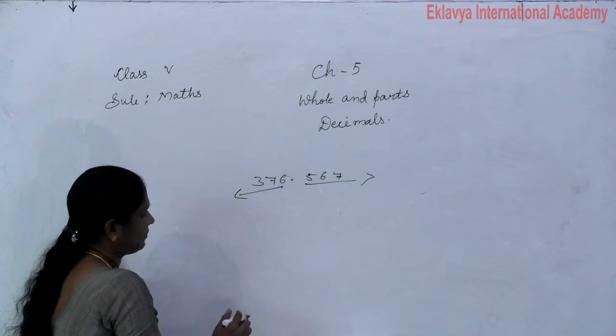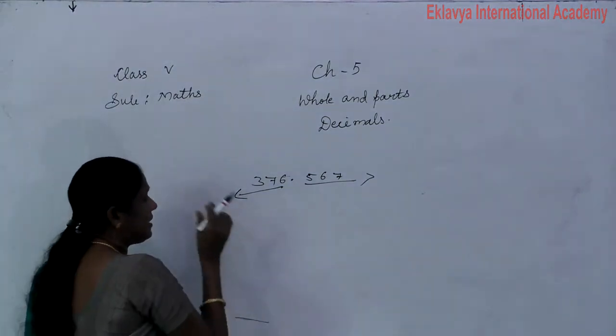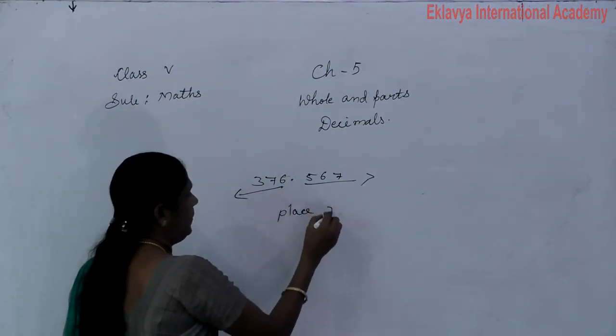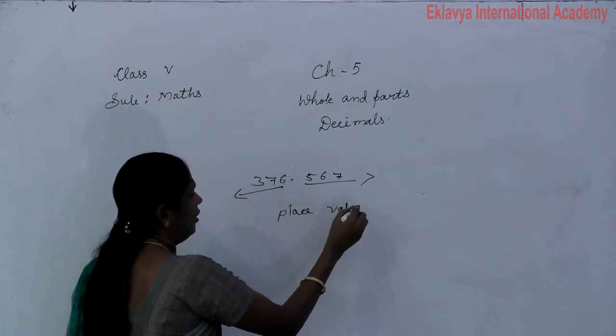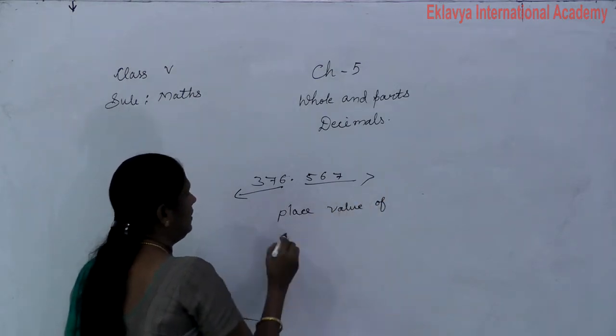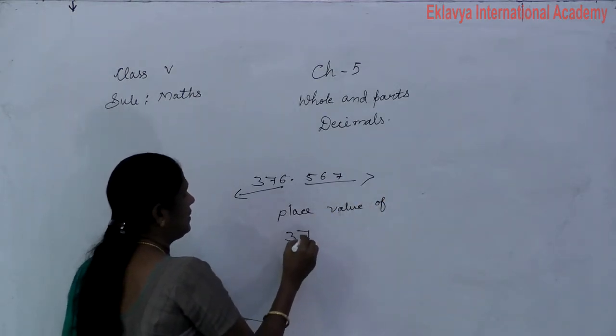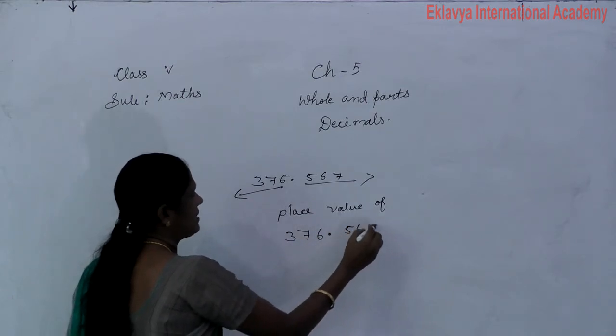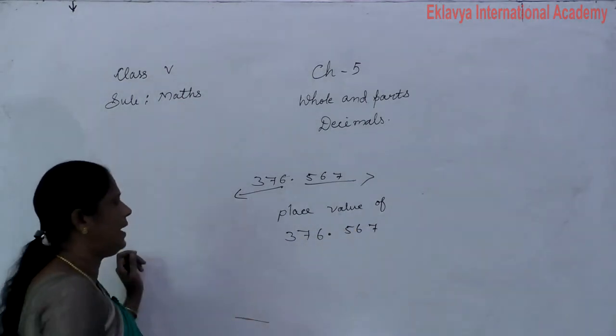Here, what is the place value of 376.567?